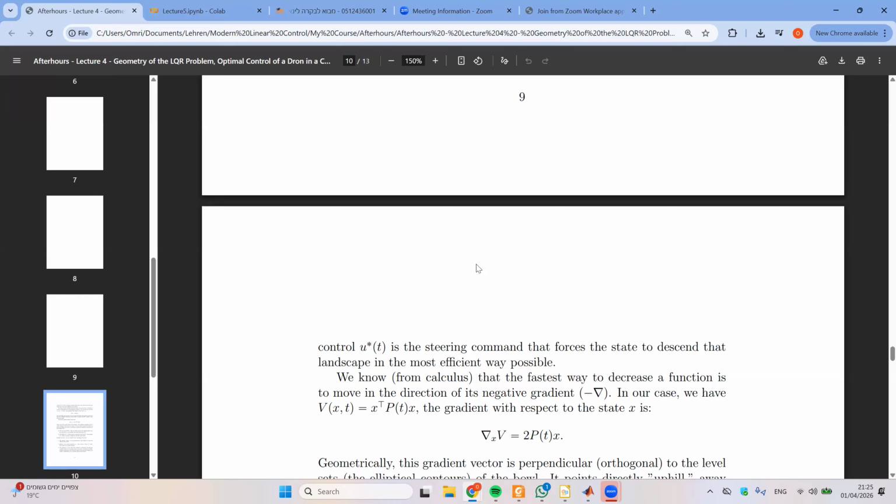So we would like the optimal controller to always take the system in the direction of minus the gradient.